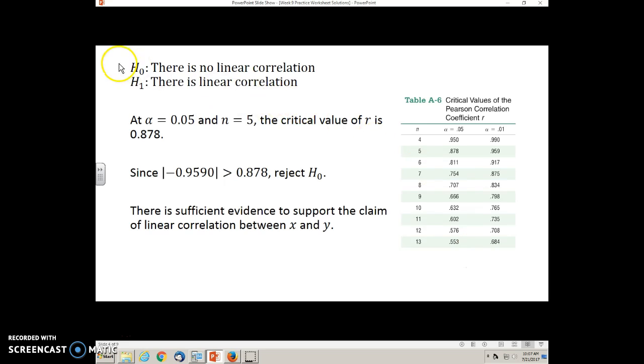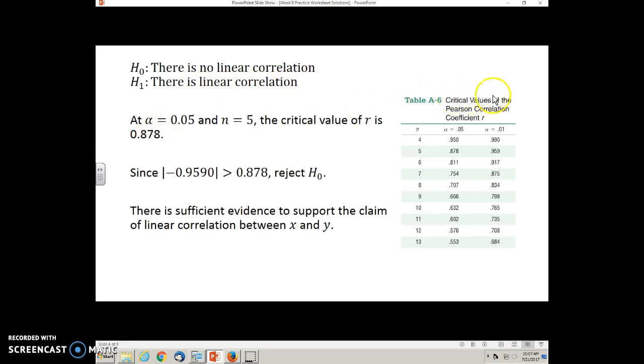Okay, next. Let's test the correlation coefficient at the 0.05 level of significance. The null hypothesis is that there is no linear correlation. The alternative hypothesis is that there is a linear correlation.